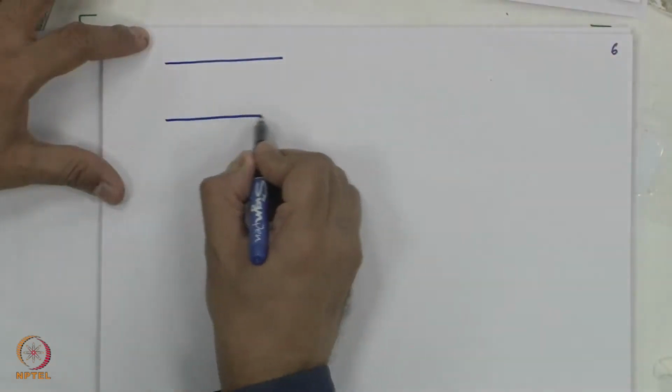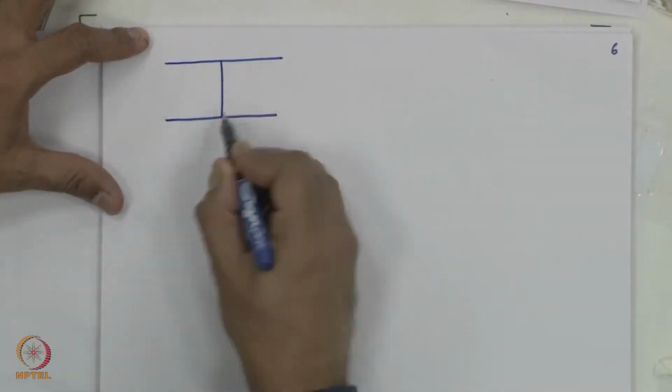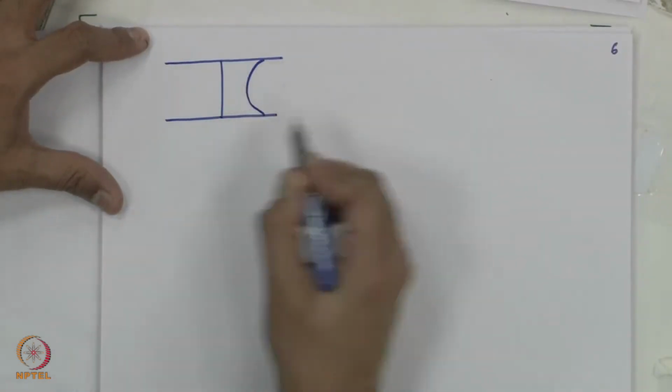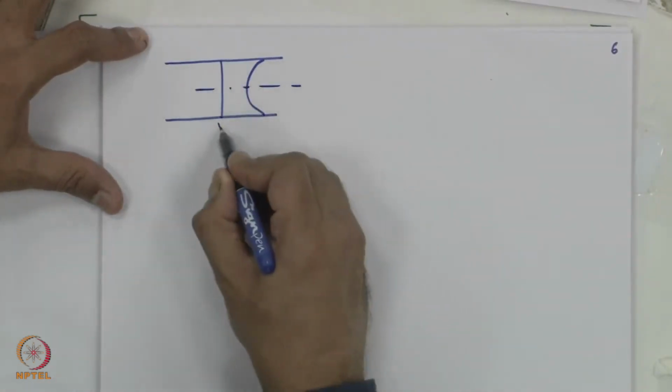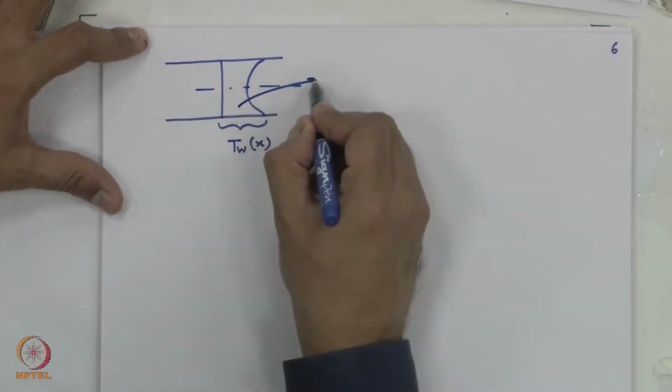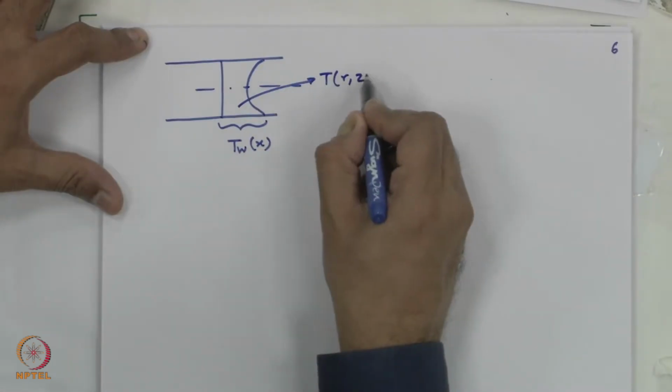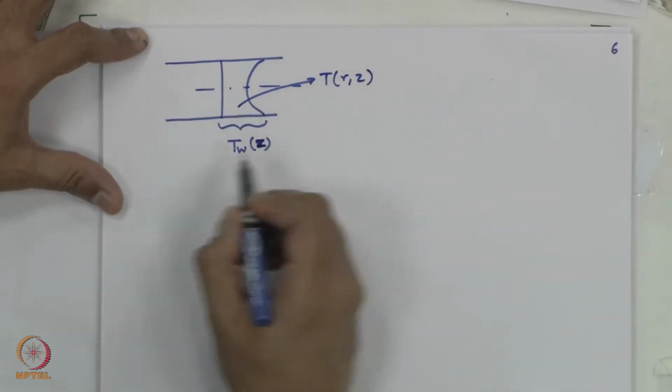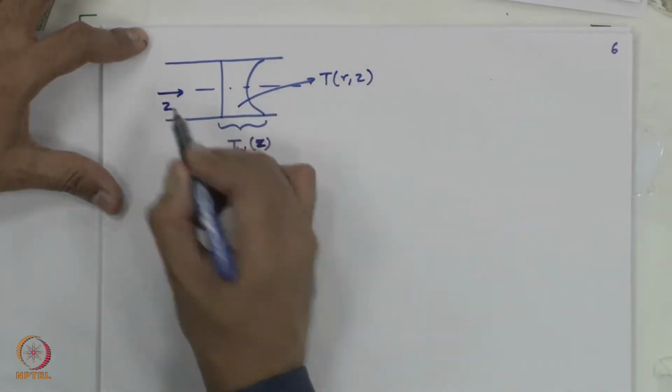Bulk mean temperature or mixing cup temperature is a very simple concept. You have a temperature profile which is like this. T wall, which is a function of x, T local, which is a function of r comma z. I will call this z, sorry. Z is the flow direction.